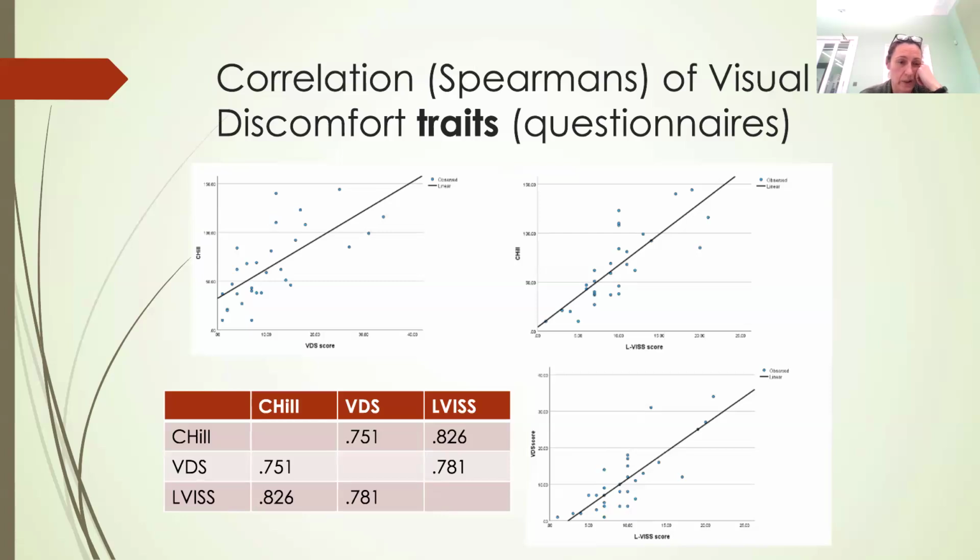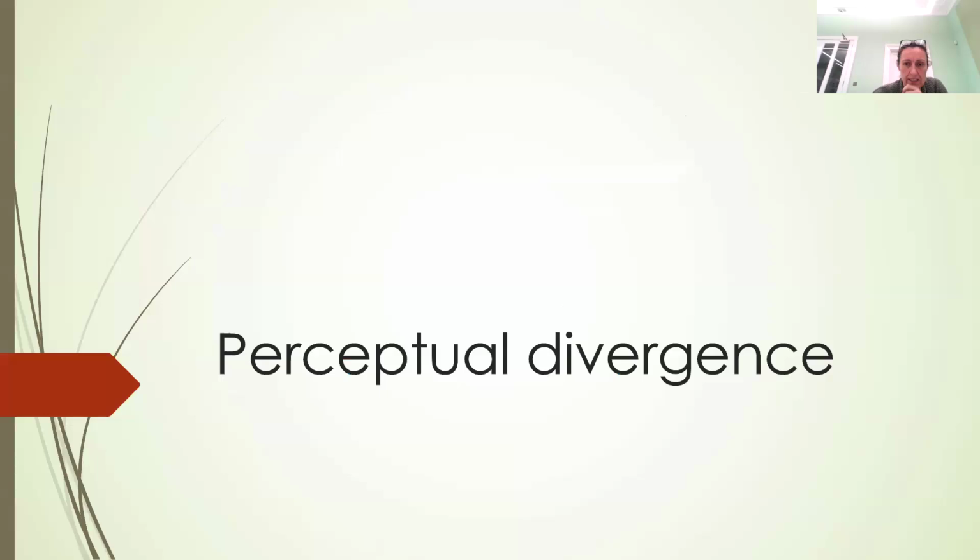I also looked at trait questionnaires. There were quite a few questionnaires trying to identify almost like a photosensitivity, and I compared 3 of them in the same 30 individuals and found that they correlate highly. So we are drilling into the same construct, it seems. So I'm speeding through, but hopefully.